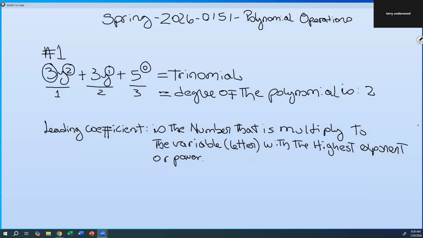This one is the leading coefficient because it's multiplied to the variable, the letter y, that is raised to the highest power. You can say that the leading coefficient is 3. And that is the first and second, probably your third question in your assignment.